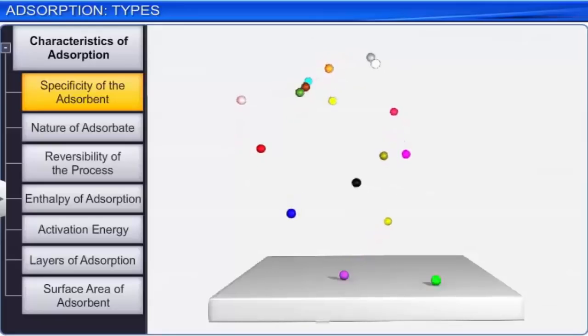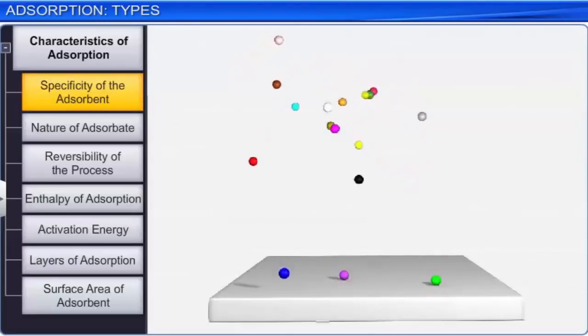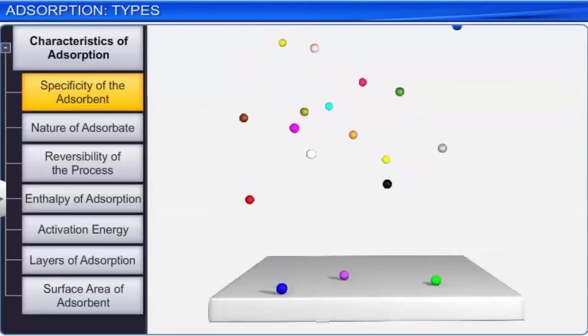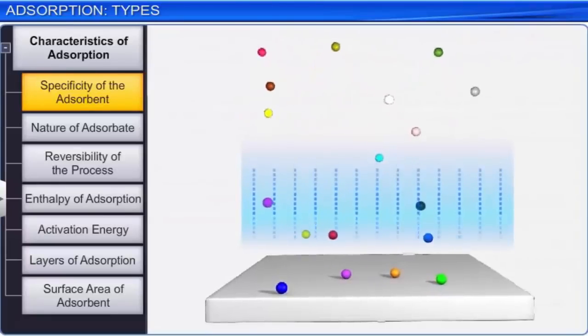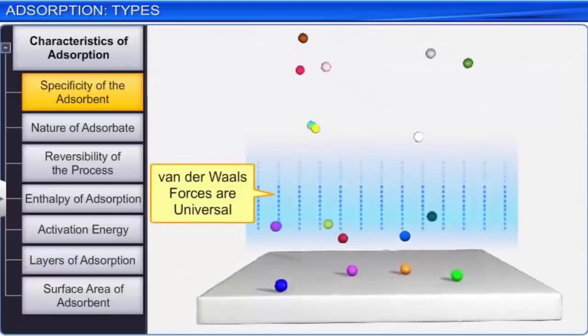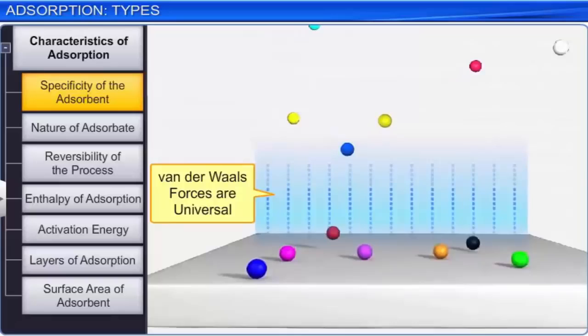In physical adsorption, the surface of the solid or the adsorbent has no specific preference for any type of gas molecules or the adsorbate, because the van der Waals forces that act on the adsorbent and the adsorbate are universal.